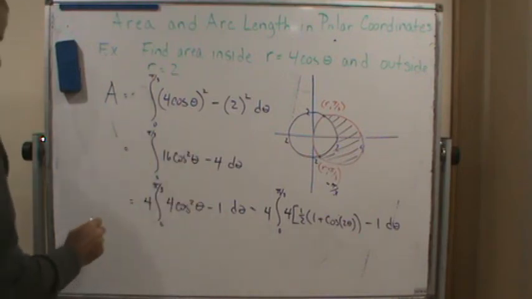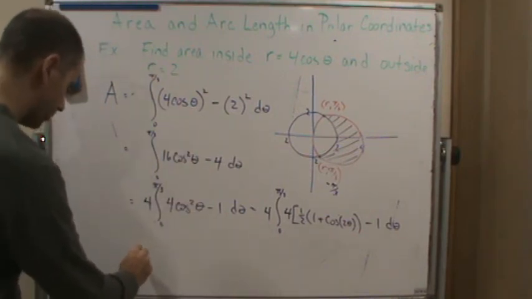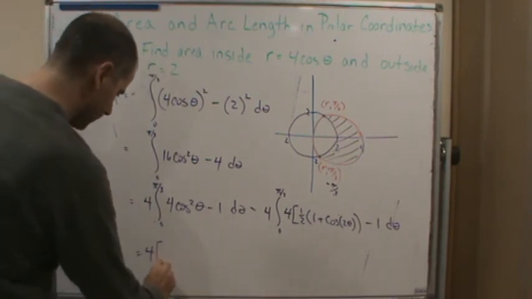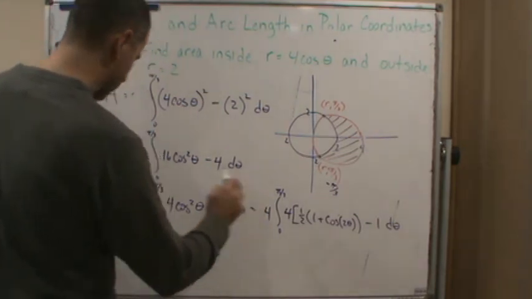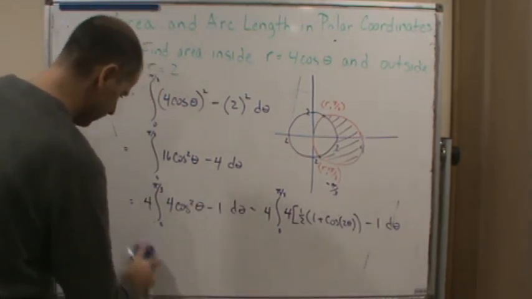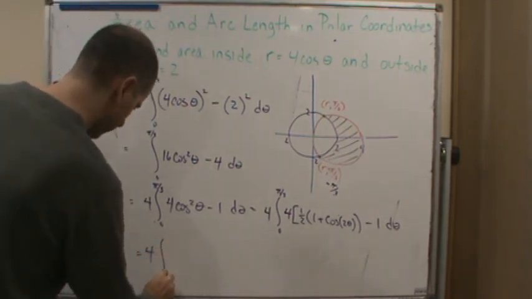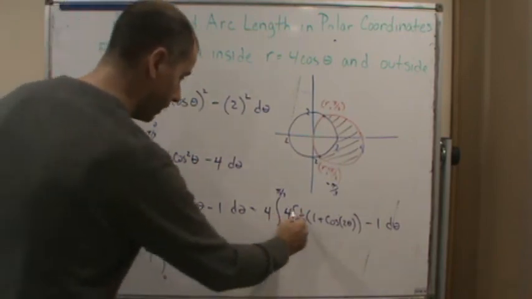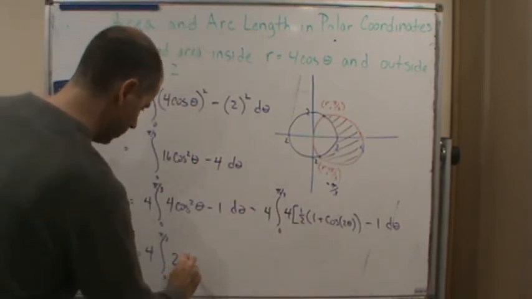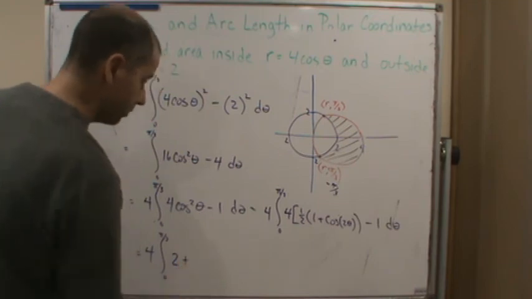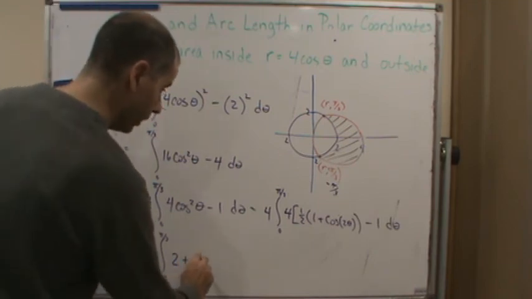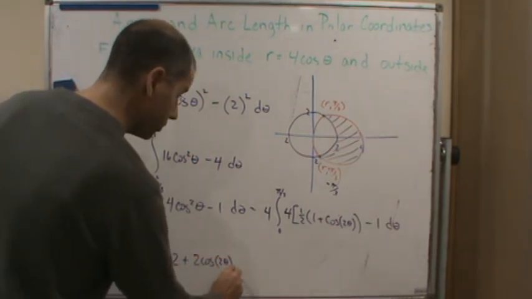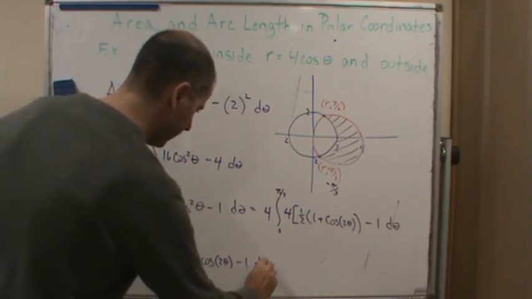Now I'm going to integrate. Well, actually, no, I'm not going to integrate yet. Simplify. So 0 to pi over 3. And so this is going to end up being 2 plus 2 cosine 2 theta minus 1 d theta.